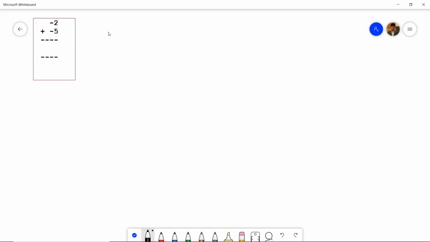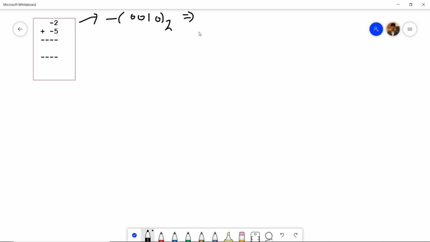In this problem, I'm asked to add minus 2 and minus 5 in 4-bit 1's complement number system. Let's find the equivalent 1's complement form of minus 2 first. At first, convert it into the binary form, which is minus of 0, 0, 1, 0.